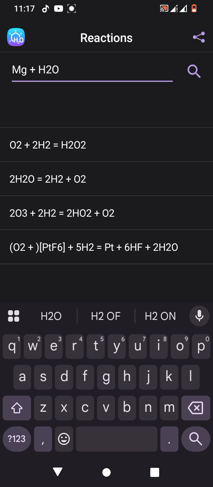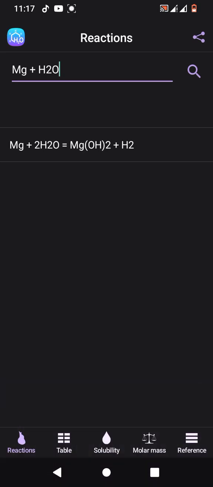So magnesium plus water, what shall that give us? So it's magnesium plus 2 molecules of water. It'll give us a salt and a hydrogen gas. So don't worry about that, but I'm just illustrating the fact that this is a very great app.